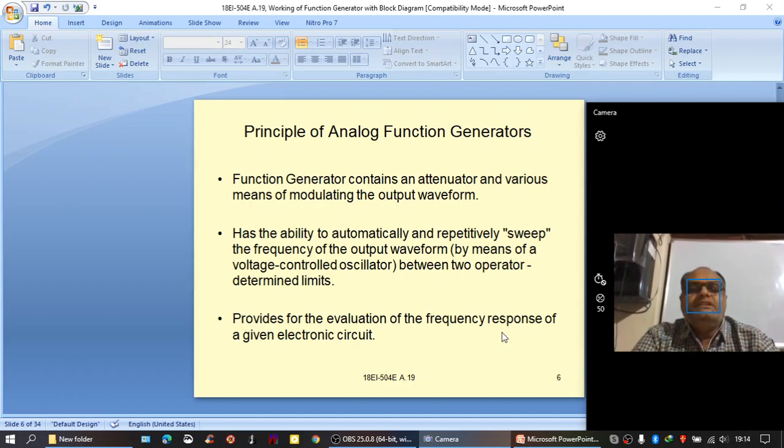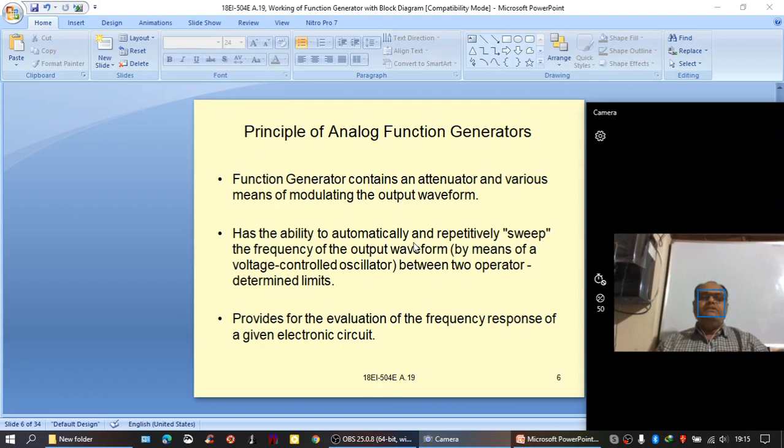And a function generator contains an attenuator and various means of modulating the output waveform. It has the ability to automatically and repetitively sweep the frequency of the output waveform by means of voltage controlled oscillator between two operator determined limits.